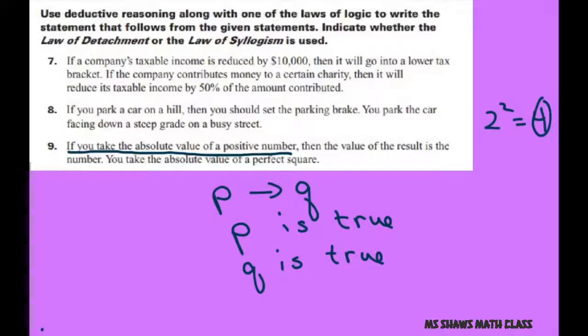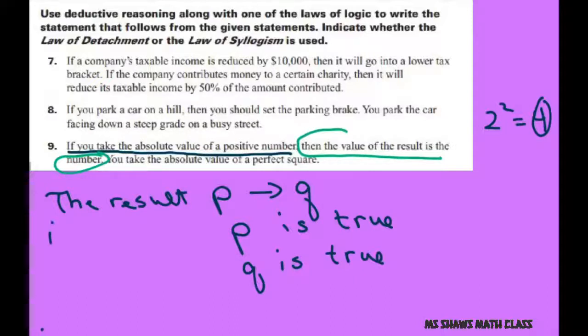You would write the Q part, but instead of saying the number, you write the result is a perfect square. You see where these are a little harder than the ones we did earlier.